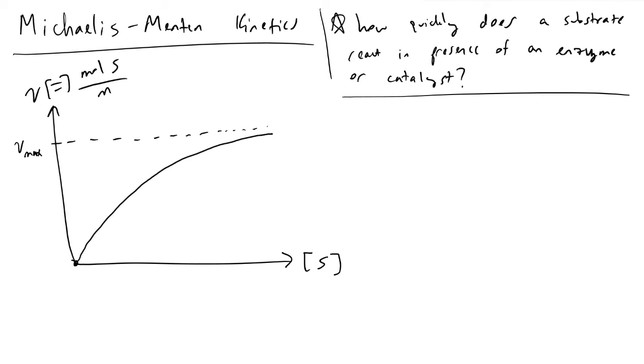And so this function has the form of the following, where V, the reaction rate, is equivalent to Vmax times your substrate concentration divided by the Monod constant Km plus your substrate concentration.